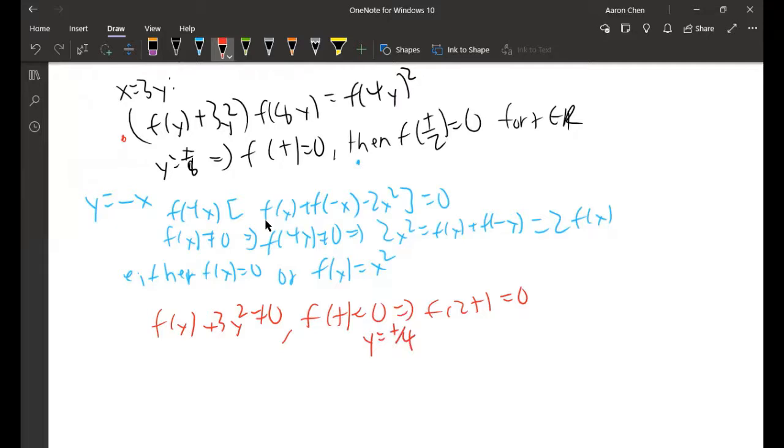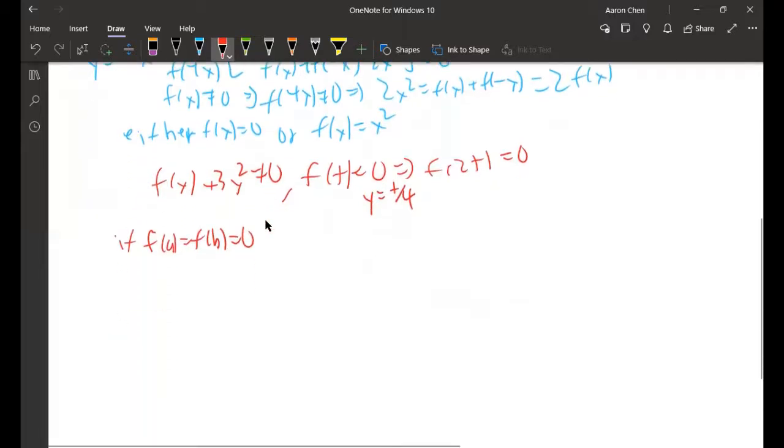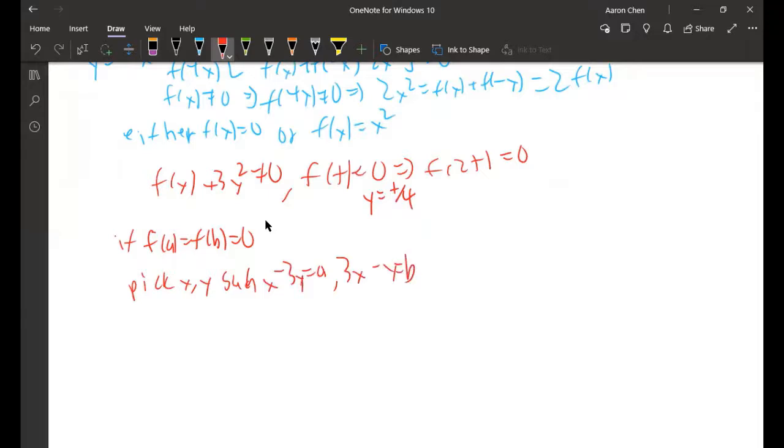And so, in addition, if f of a equals f of b equals 0, then we can pick x, y such that x minus 3y is equal to a, and 3x minus y is equal to b.